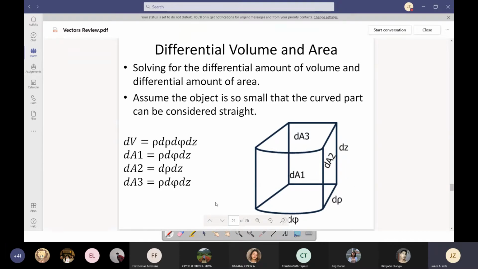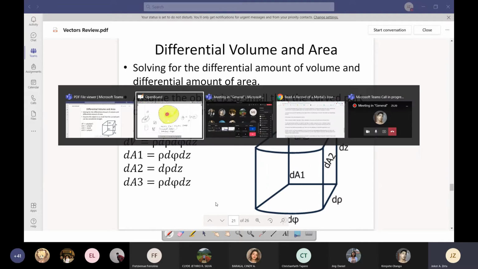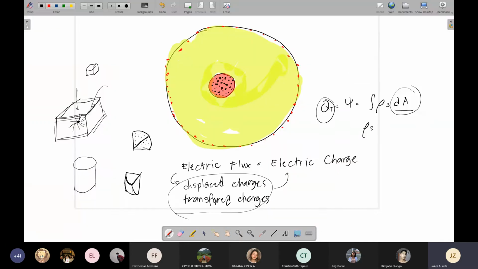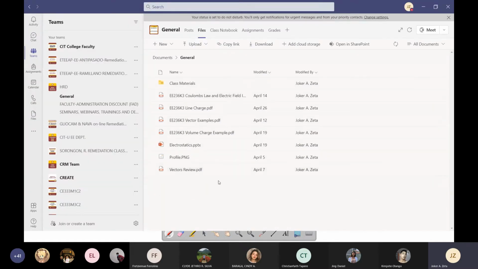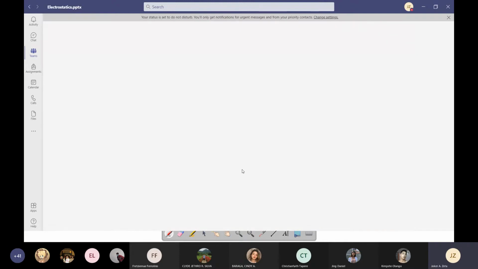Then that is the equivalent differential area that you're going to use. So basically, there is not much difference from the differential volume or the volume charge. It's still an integral, but this time we're going to use differential area.